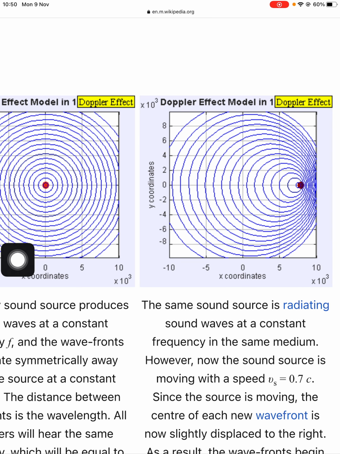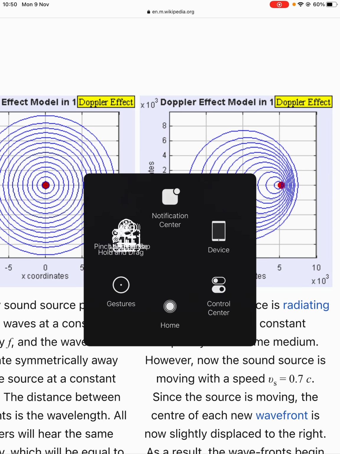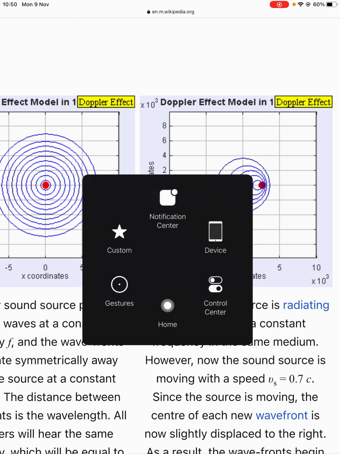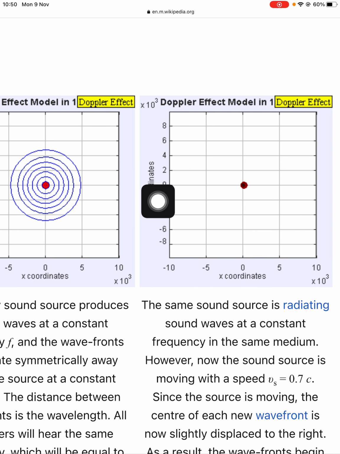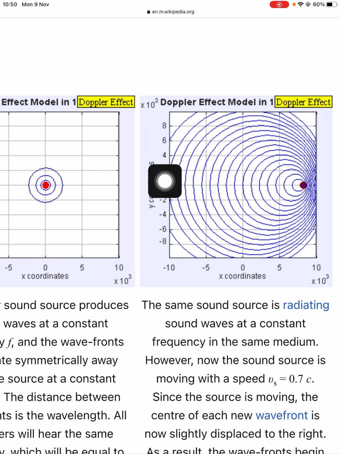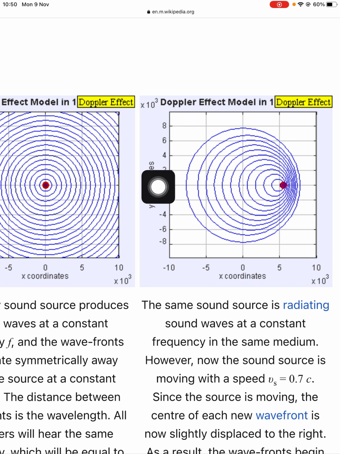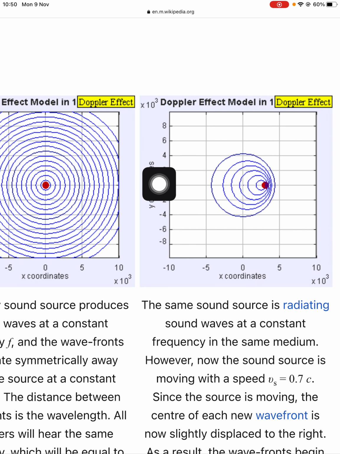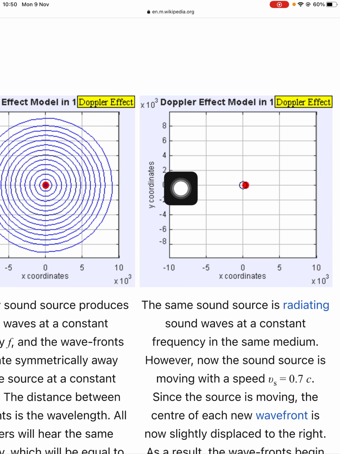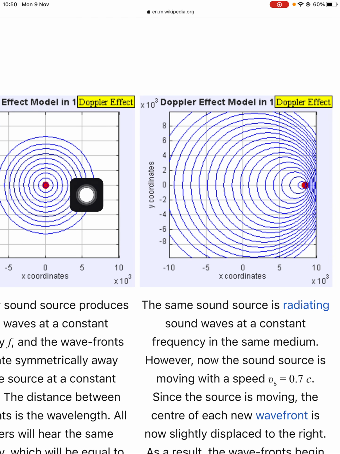But on the other hand, if the listener is on the left-hand side of the point source, you can see that the wavelength that the listener can detect is going to be larger than the normal wavelength here.